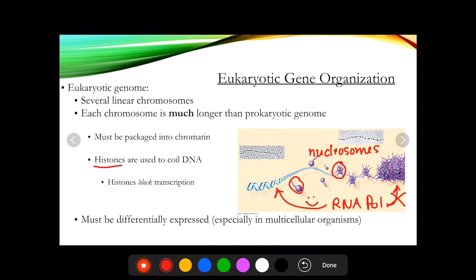No, of course not. If you're a liver cell, do you need to make the same enzymes as a skin cell? Of course not. So in multicellular organisms, we need to allow for specialization to occur. And so chunks of the DNA need to essentially be turned off. Other chunks need to be turned on.